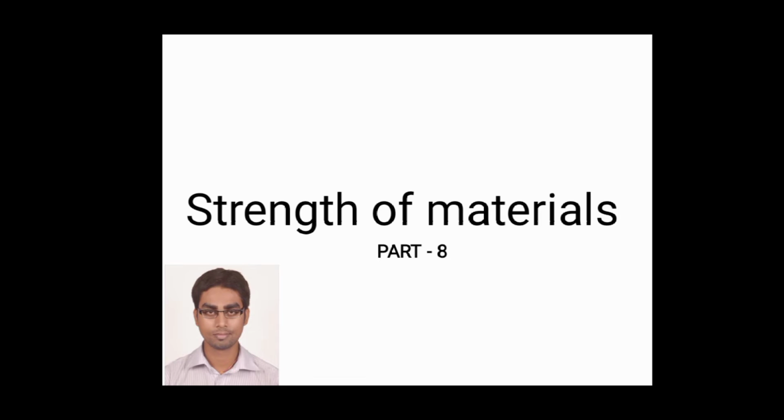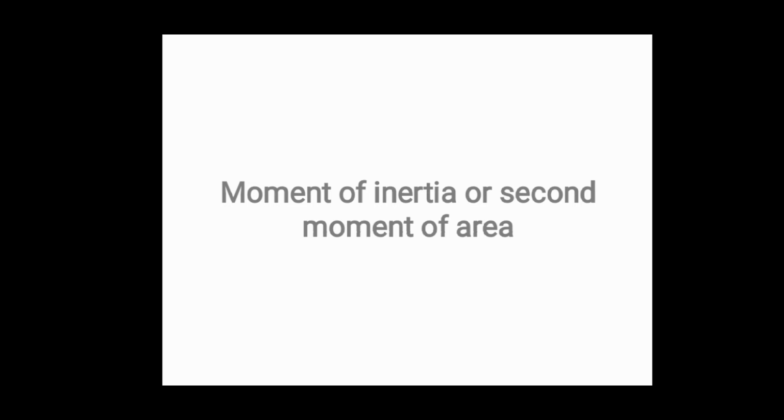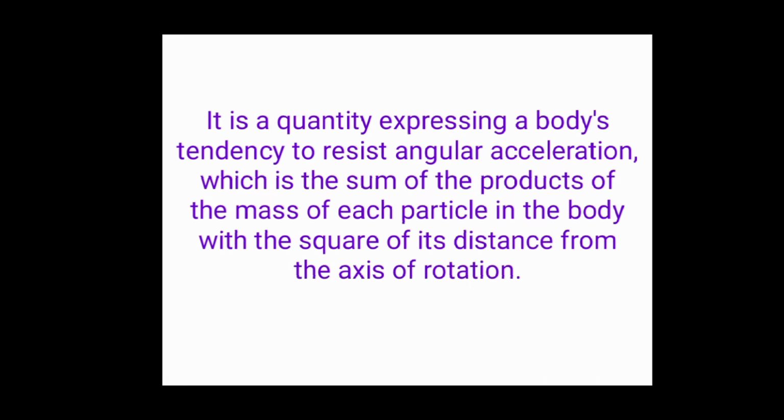In this video, we will discuss the 8 parts of strength of material. The topic is moment of inertia or second moment of area. Moment of inertia is the quantitative measure of the rotational inertia of a body.